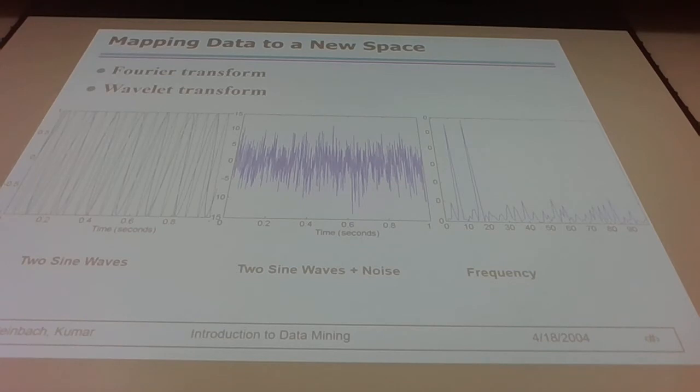This is the actual FFT output from MATLAB. Why do you see that the Fourier transform is infinite? It has only two frequencies. Why does it have all those? There's no noise. You see, it's a perfect sine wave.